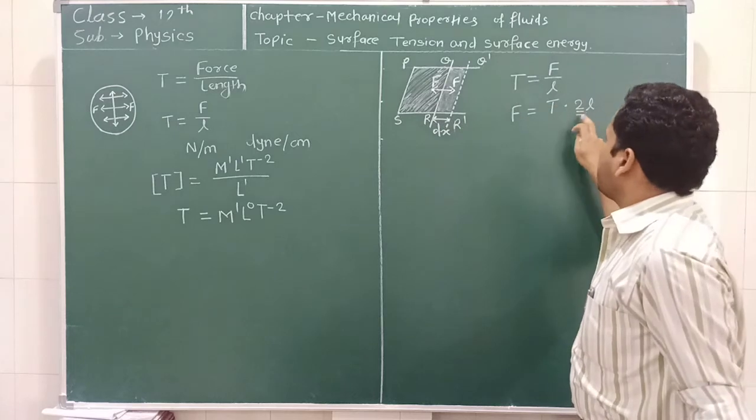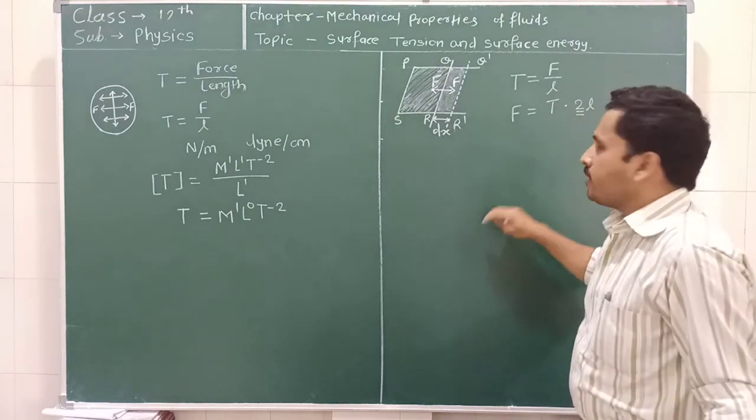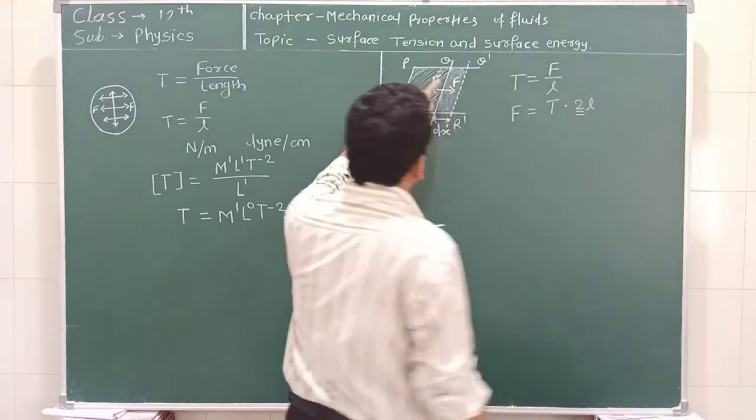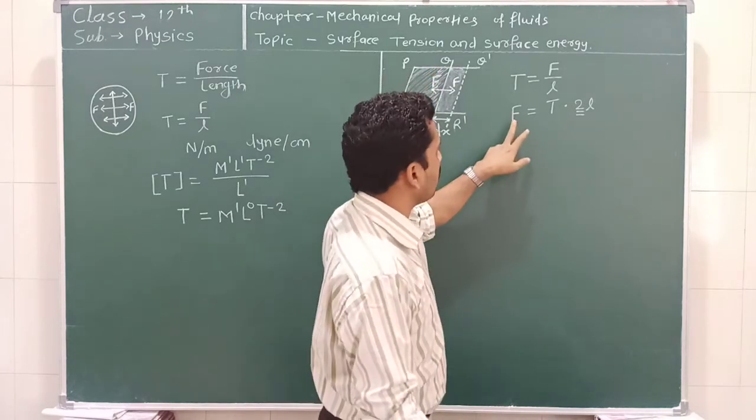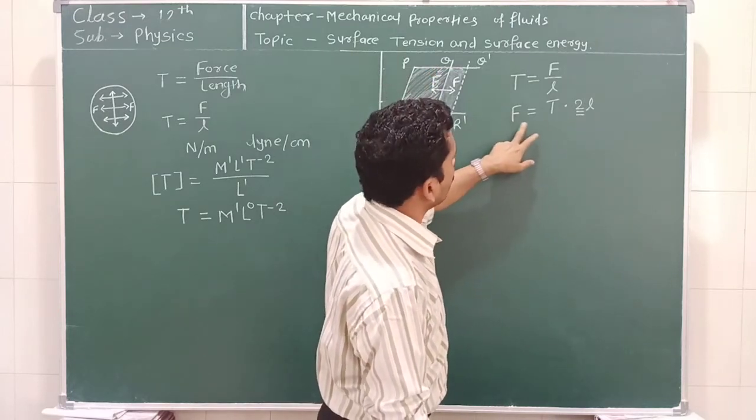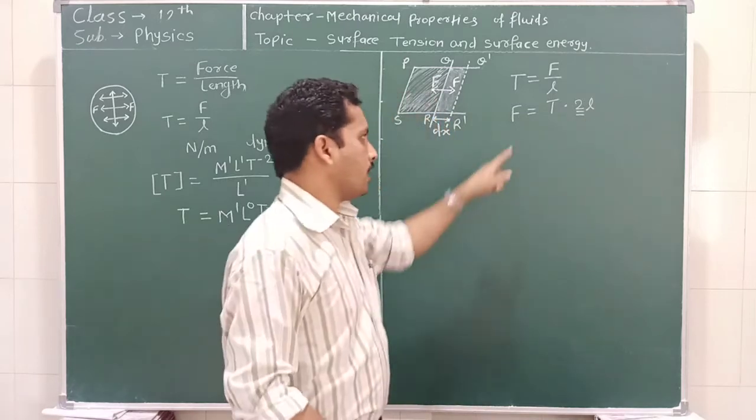So the force acting on this QR is equal to T multiplied by twice L.